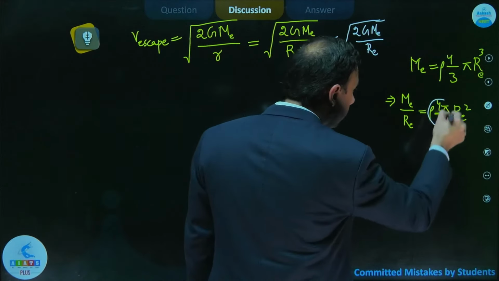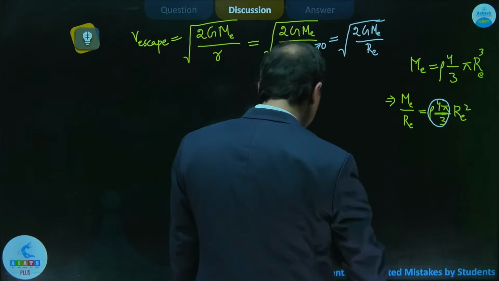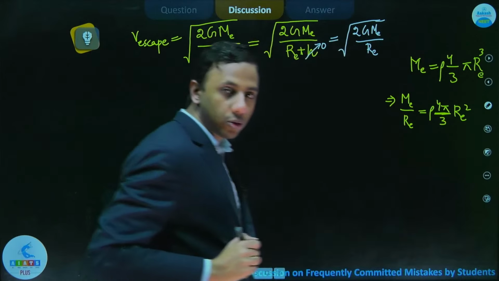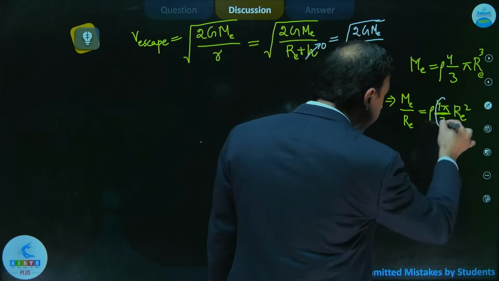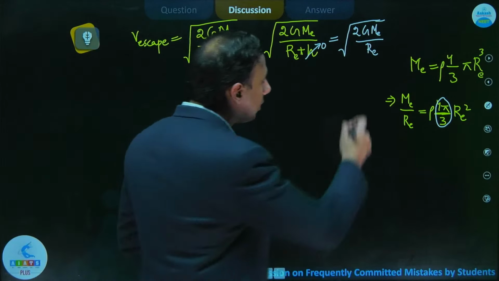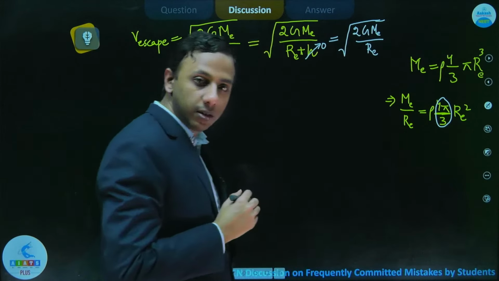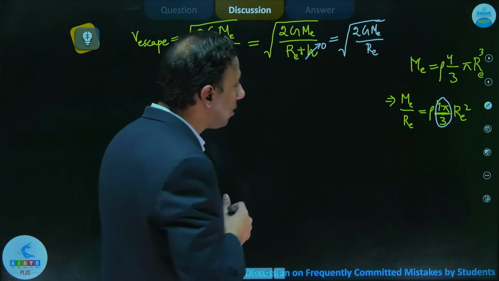See, this term is a constant, right? Or rather, rho we are changing, right? So rho we cannot say is a constant, or rather I can say this 4 pi by 3 is a constant. ठीक है? And over here if you see, this 2 and G are constants, है ना? So when you substitute it over here, what will this become?